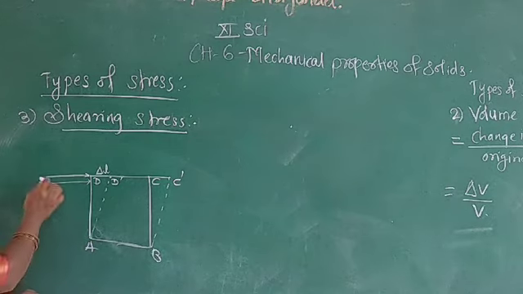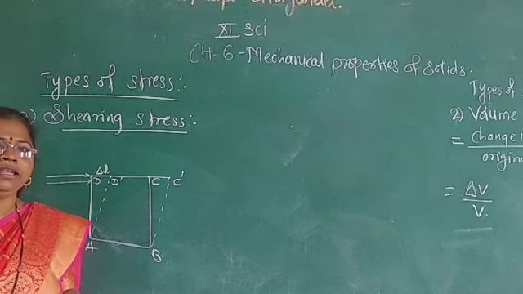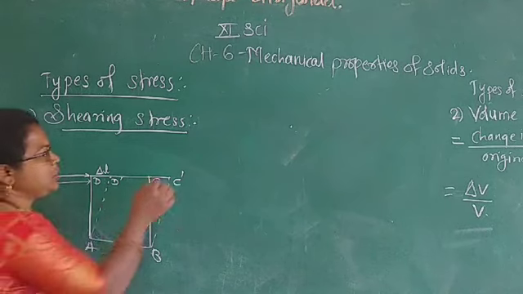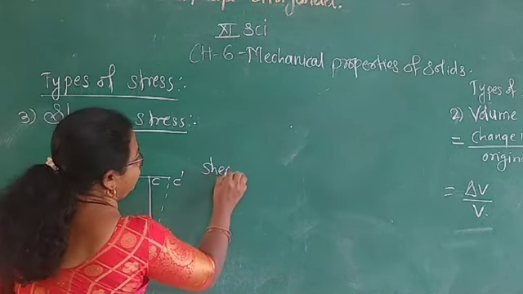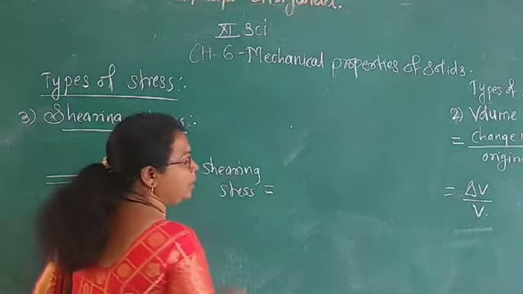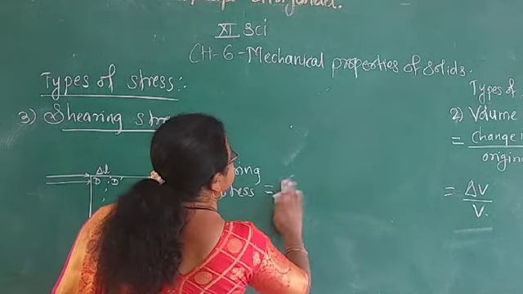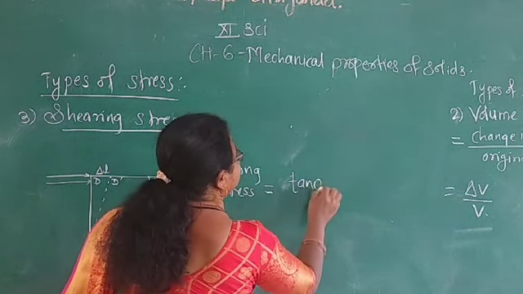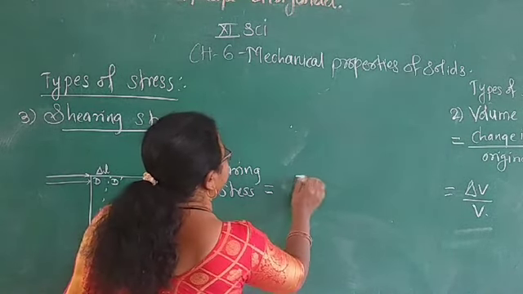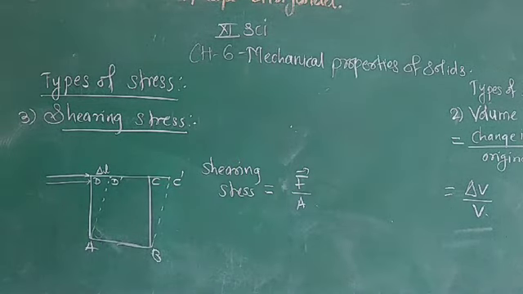In this case, when there is a change in shape of the body, it is called shearing stress. Shearing stress is equal to applied force per unit area, or we can write tan of theta.